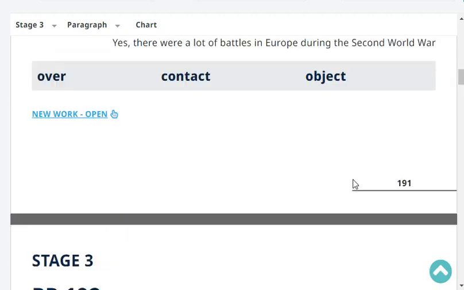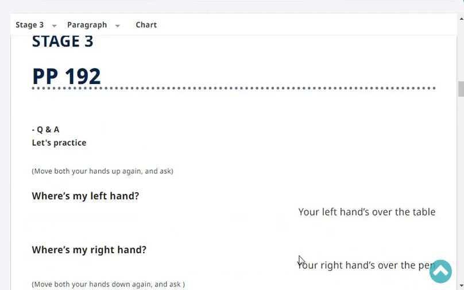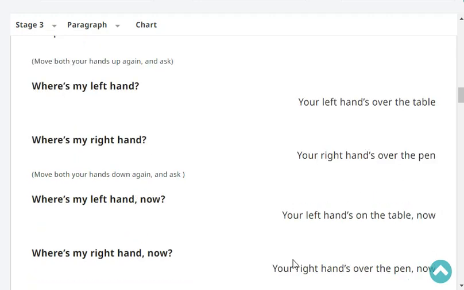Over, contact, object. Where's my left hand? Your left hand's on the table. Where's my right hand? Your right hand's over the pen. Where's my left hand now? Your left hand's on the table now. Where's my right hand now?